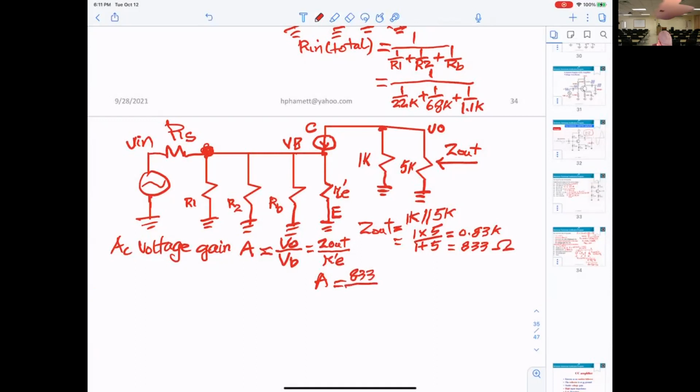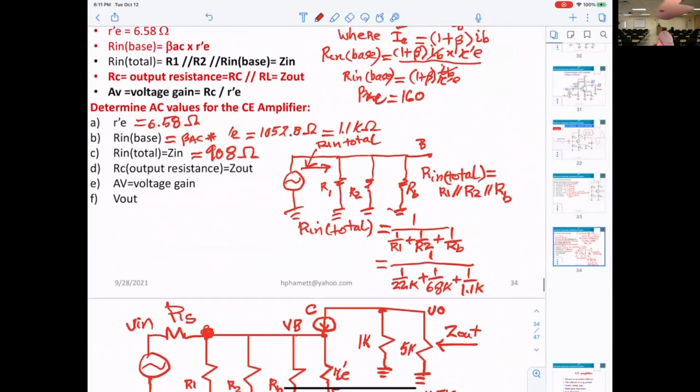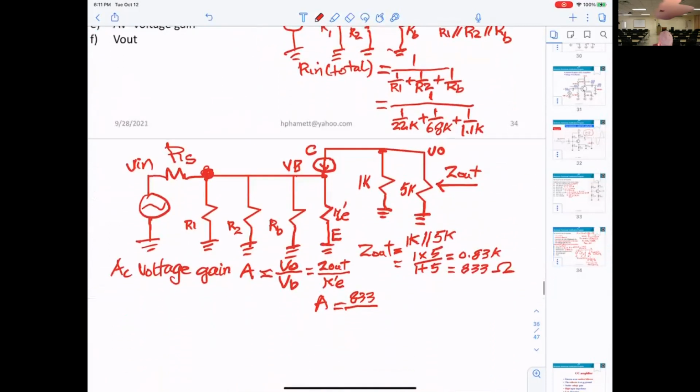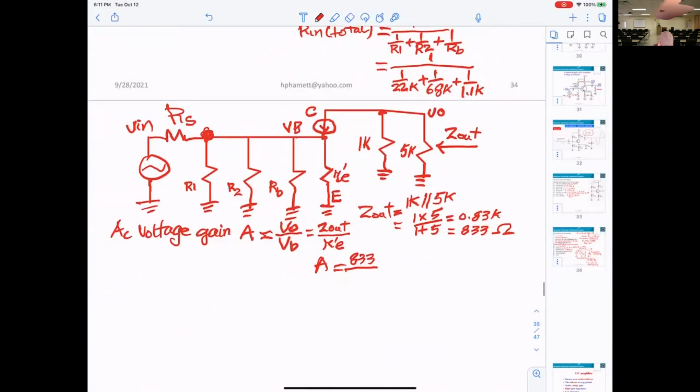R prime E, we already did, 6.58. So 833 divided by 6.58, the gain equals 126.6.